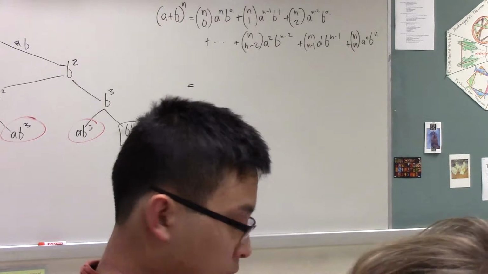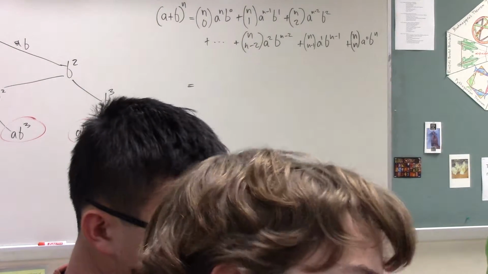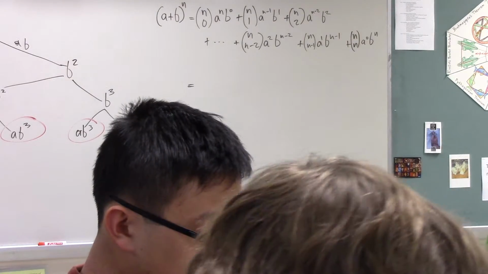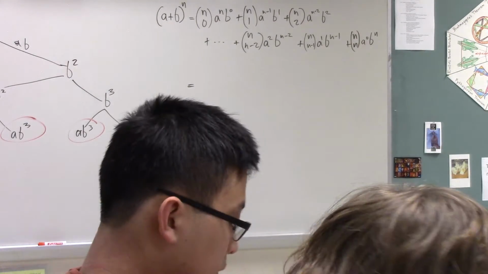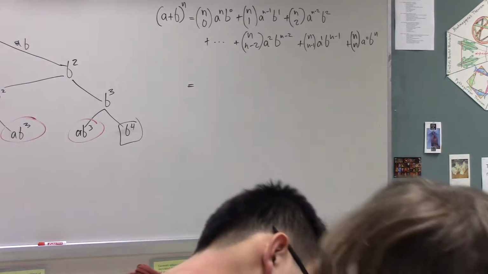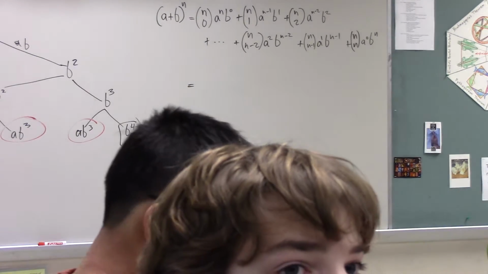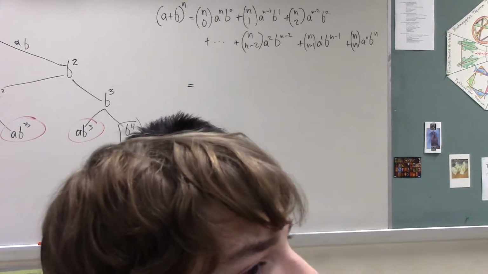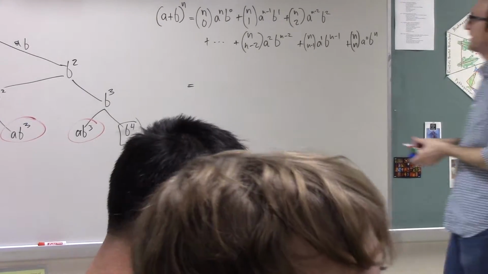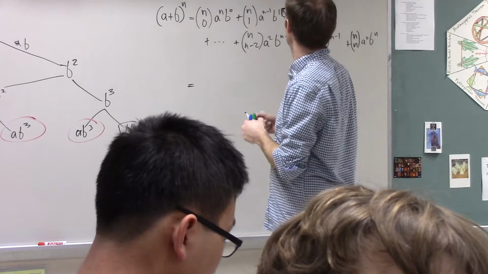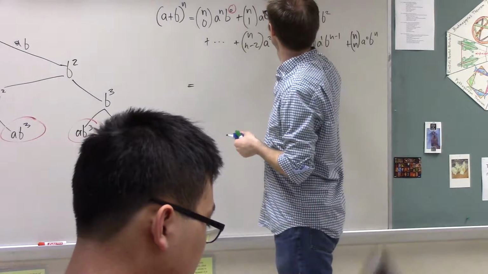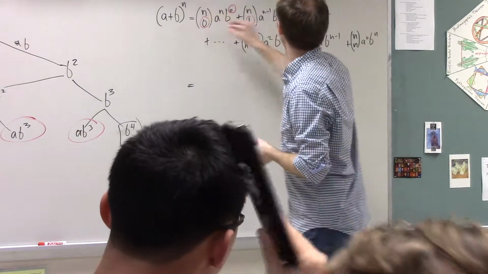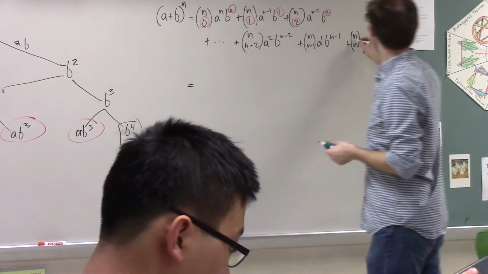Okay, so the way we've written it out, what is the number that keeps changing? Well, a bunch of them, right? This number, which keeps going up by 1.